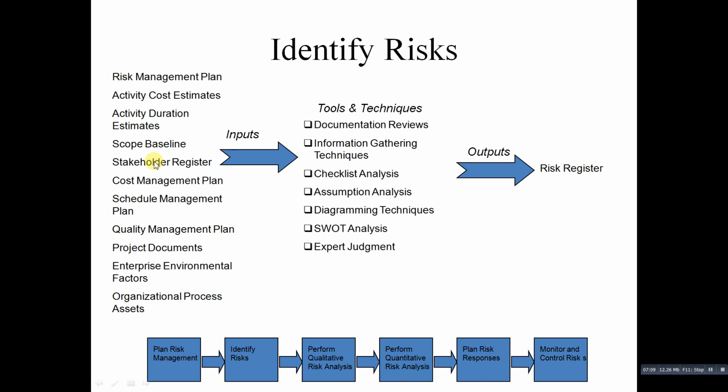And for these inputs there are various tools and techniques required to make a particular risk register, and the tools required are documentation reviews, information gathering techniques, checklist analysis, assumption analysis, diagramming techniques, SWOT analysis and expert judgment.